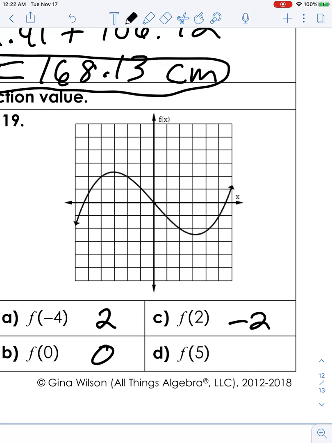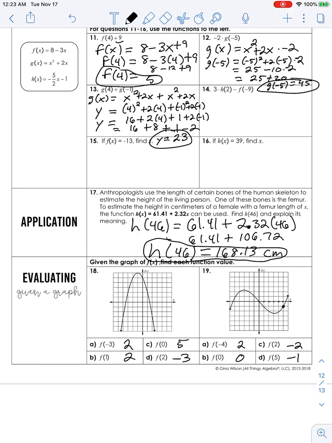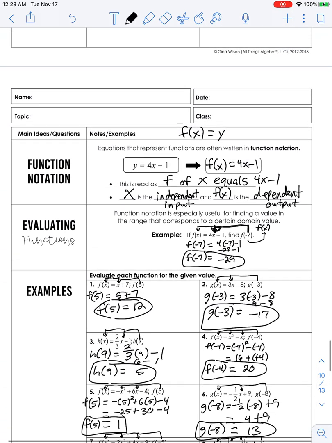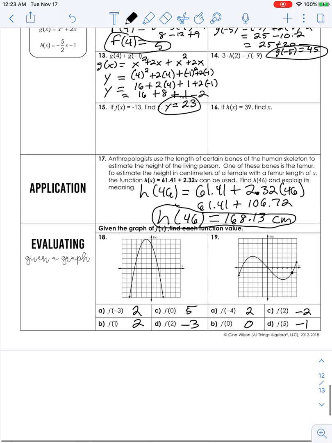And then last but not least, when x is 5, so count 1, 2, 3, 4, 5. Where is the y? It hits right here at negative 1. And there are your problems at a glance. That is function notation and evaluating the function.